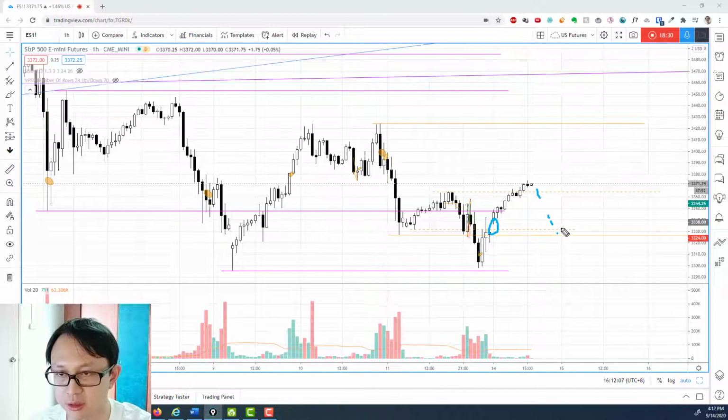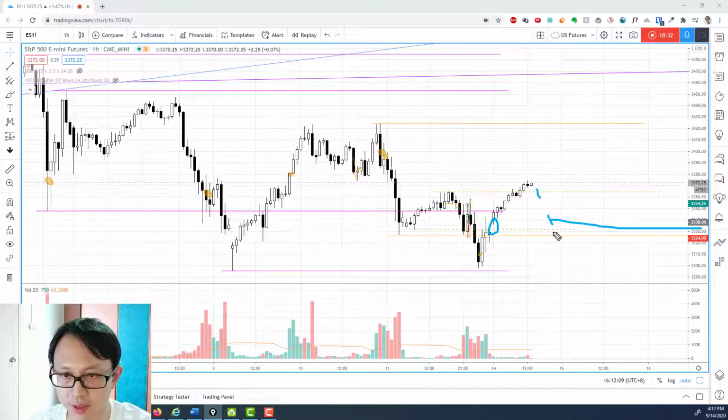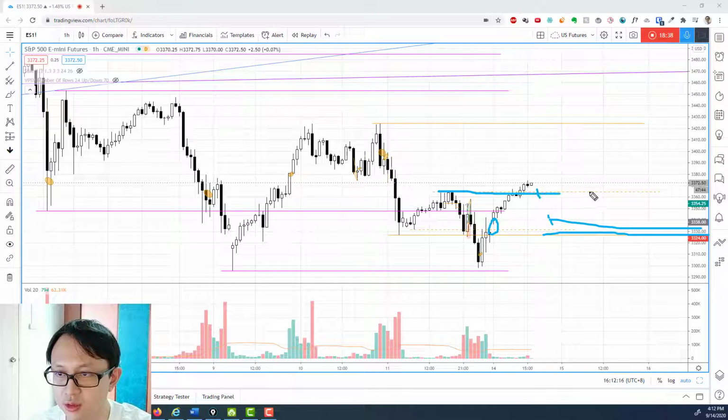So that will be around 33.30. So that will be the immediate support level. Otherwise, 33.60 could be another level to look for a long entry, to see if there's a price action bounce up from here.